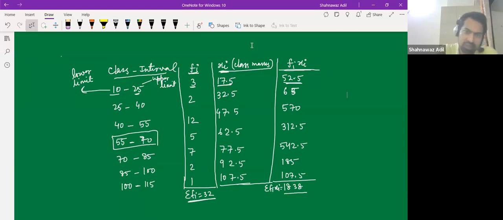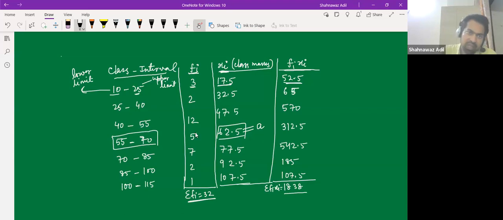These are the xi, and what is in the middle? 62.5. So let's say you assume this is the mean and represent it as a.